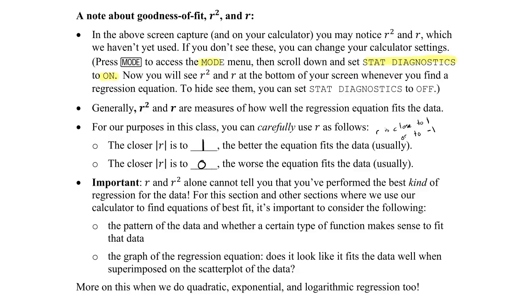However, it's important to be cautious about these R squared and R values, because while they can tell us whether a linear equation is a good fit, they cannot tell us whether a linear equation was the best choice for a fit. We're going to meet different kinds of equations, quadratic, exponential, and logarithmic, that we can also fit to data. And it is not correct to just try all 4 kinds of fit and pick the one that gives you the biggest R value.